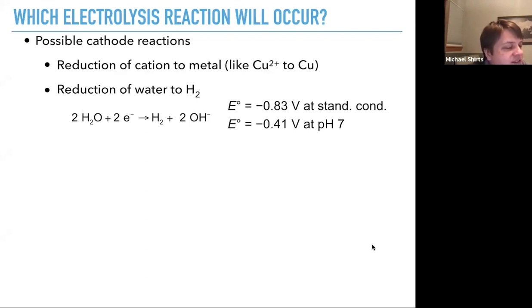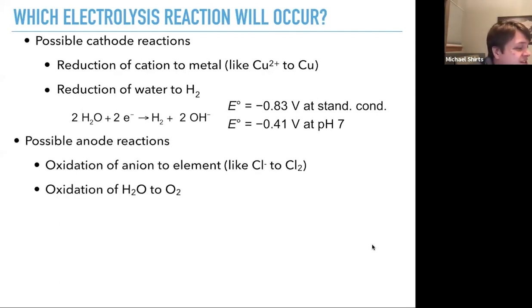But at pH 7, when you have a lot less OH minus, it becomes less unfavorable. Minus 0.83 is pretty unfavorable, but when you reduce the amount of OH minus, it becomes less unfavorable. It likes to form more OH minus. So you can't just plug in the standard potentials at neutral pH, because you have to watch out for those concentrations.